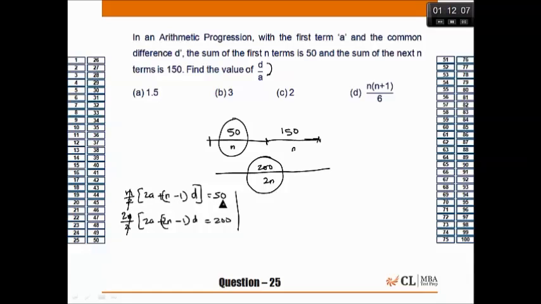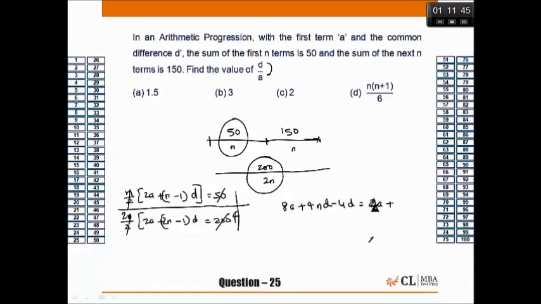So n by 2 gets cancelled. This will become 4. Basically we are dividing this. Let's take the 4 that side: 8a plus 4nd minus 4d should be equal to 2a. Sorry, 4a, no, 2 into 2 is 4.